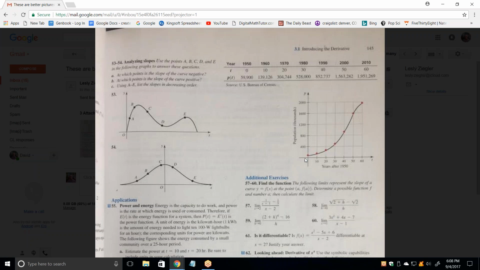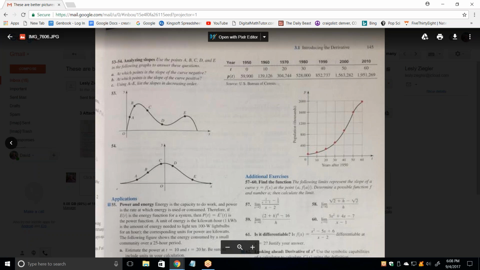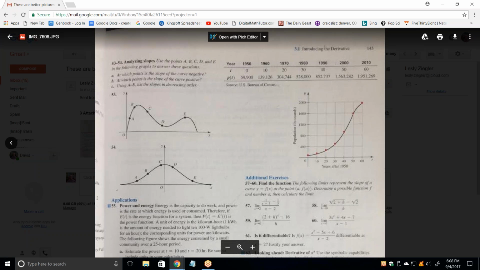At which points is the slope of the curve negative? C and D. Which points is it positive? A, B, and E. List the slopes in decreasing order based on steepness. Hold on, just a second. Okay, we can do it without writing. A is the steepest.